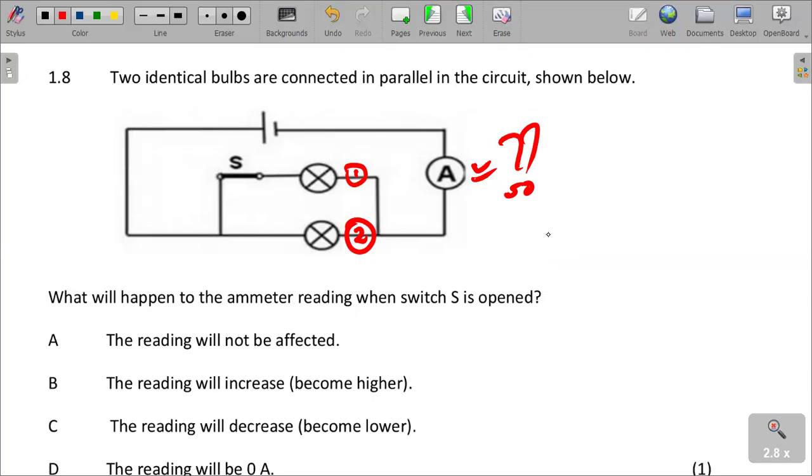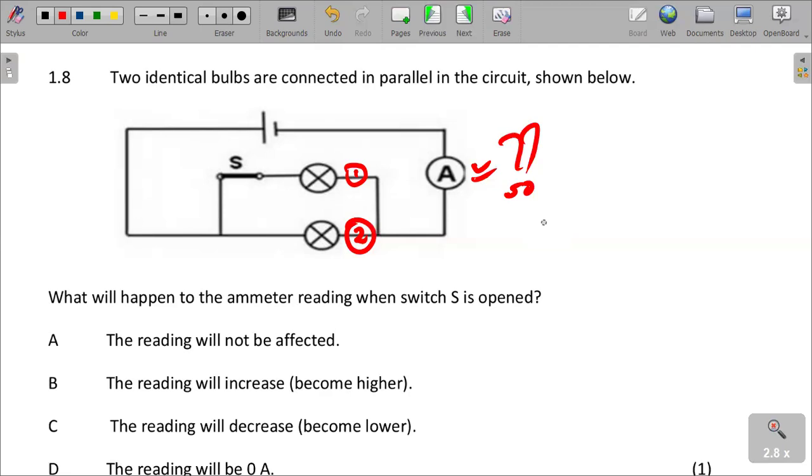We also need to understand this, as I've said, I have given a presentation that explains the pathways, the network, or the forms of connection that we can have. So when S is opened, will the reading be affected?